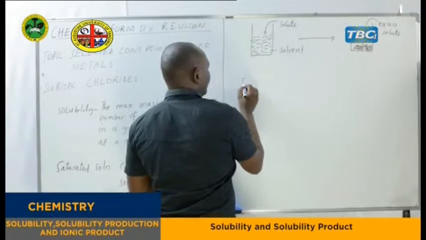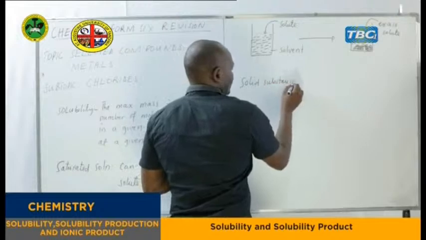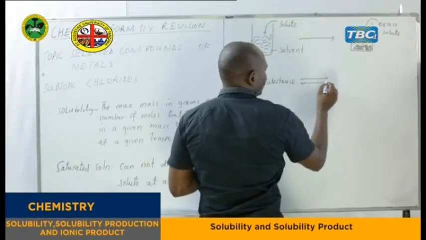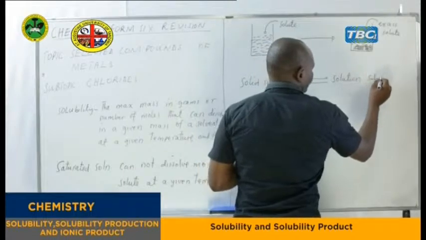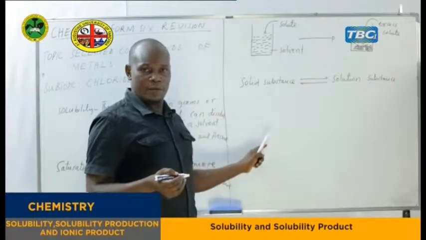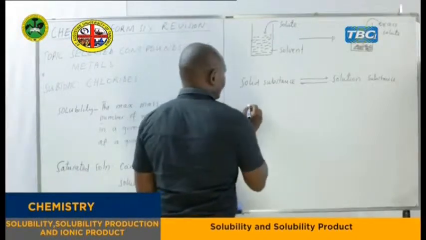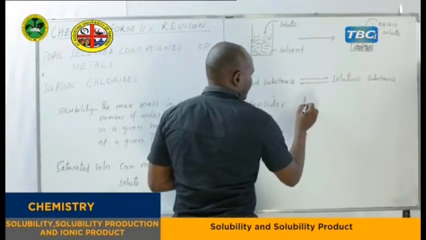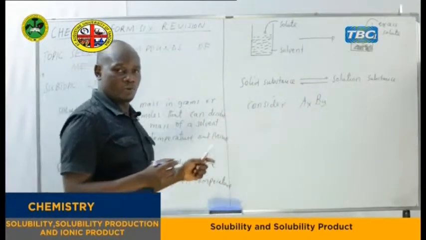So here, if we have the solid substance, we will establish an equilibrium, which is dynamic equilibrium, with the solution. Now let us consider our sparingly soluble substance, which let's say is AxBy, which undergoes dissolution into a solvent.